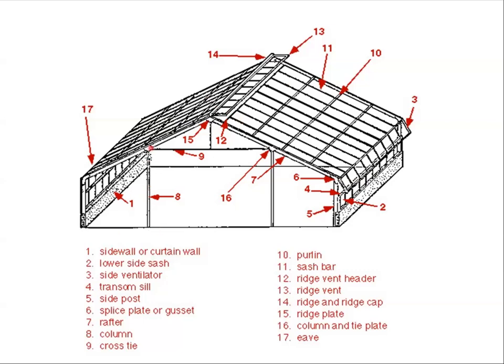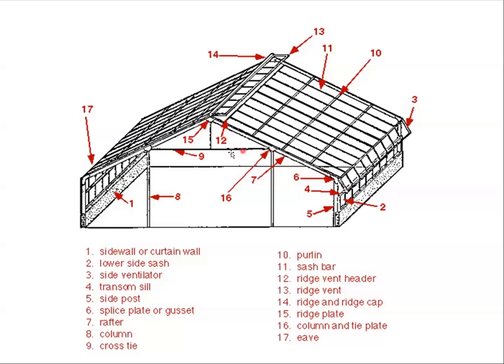8, we've got a column. Okay, so this column is a structural column that helps to support the span that the rafter has to make. We've got a cross tie that's another structural element so that it can hold up this roof. So this column meets at the middle of the rafter for support.